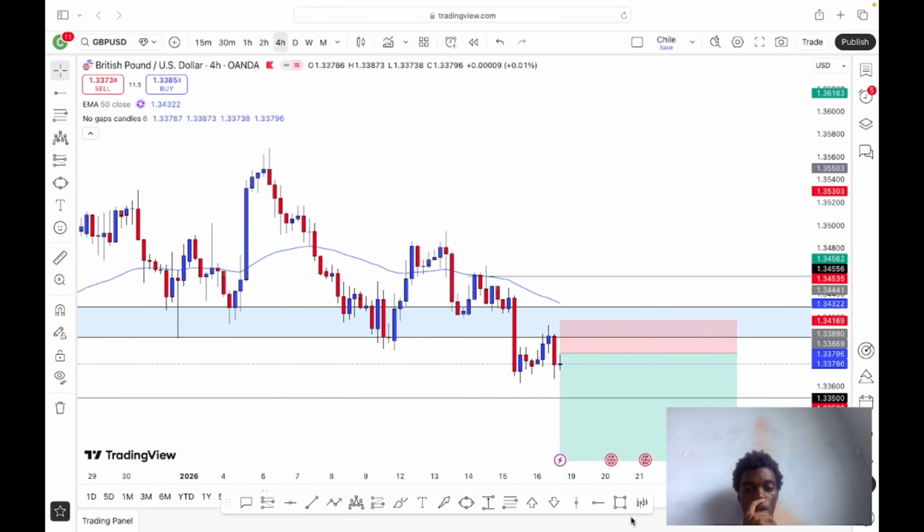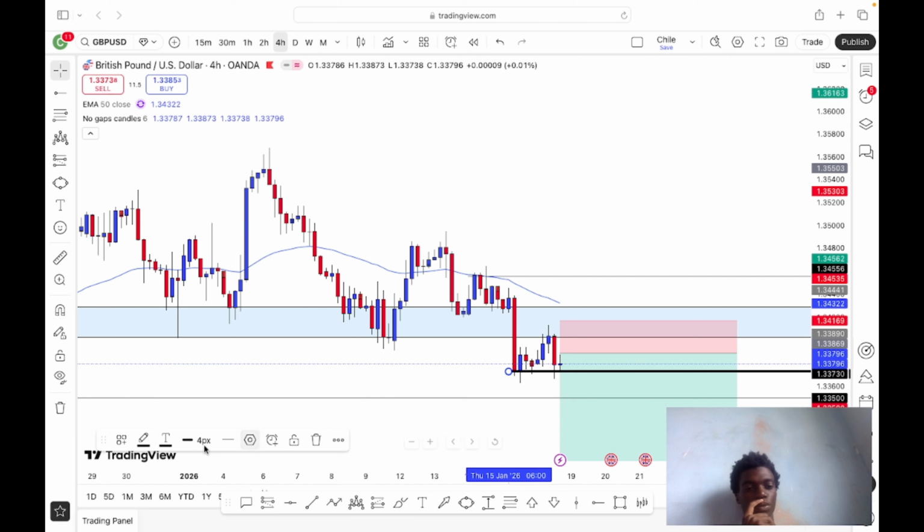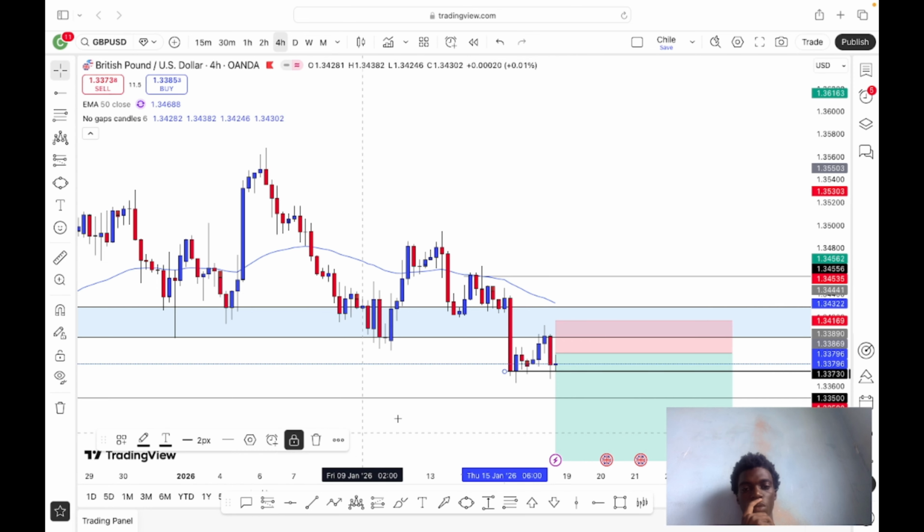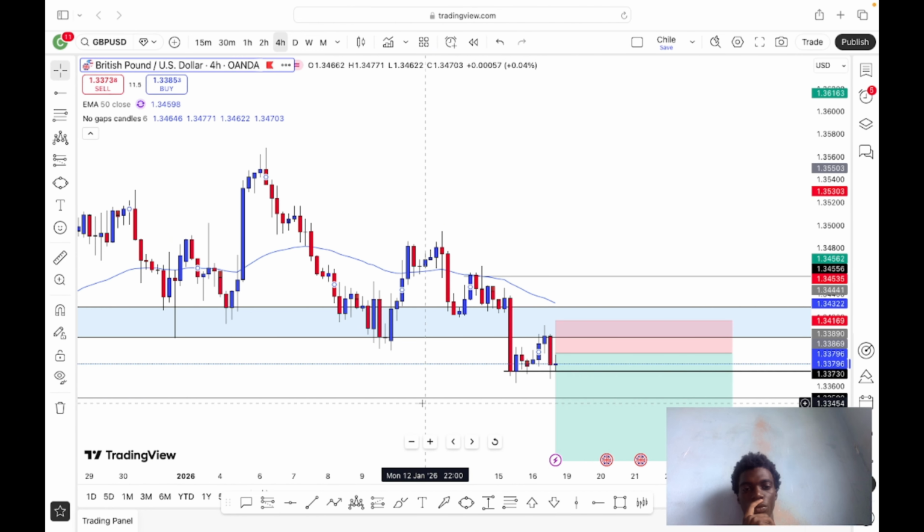So we're going to take the same trade on the demo account, which I'm going to create, and see how it plays out.